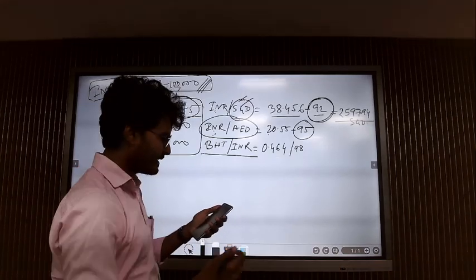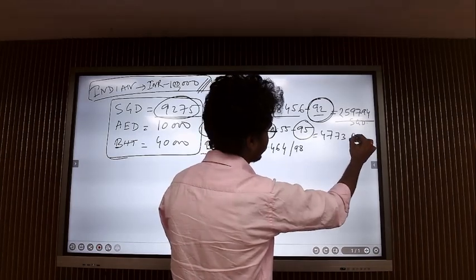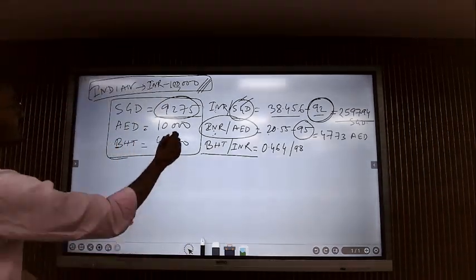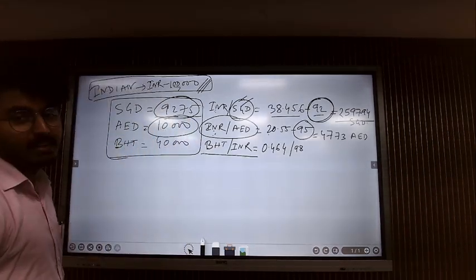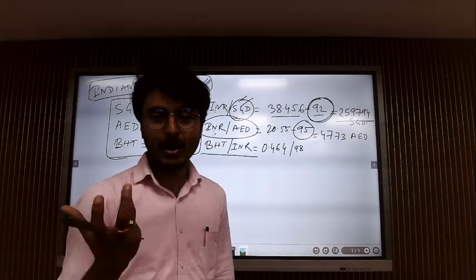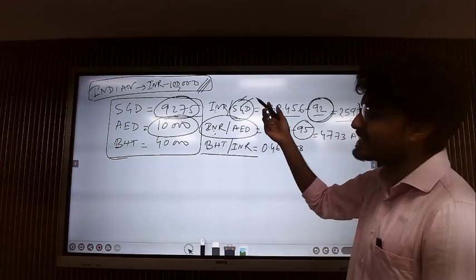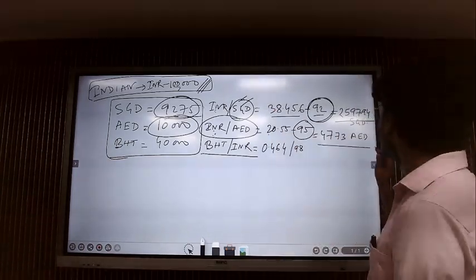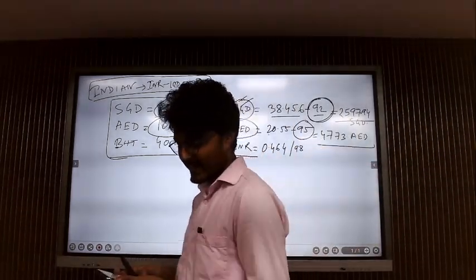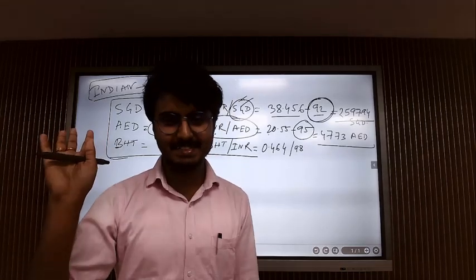That is 4773. But the trip cost is 10,000 dirham. And by sacrificing 1 lakh Indian rupee, the Indian citizen just received 4773 dirham. So the Dubai trip is also rejected.